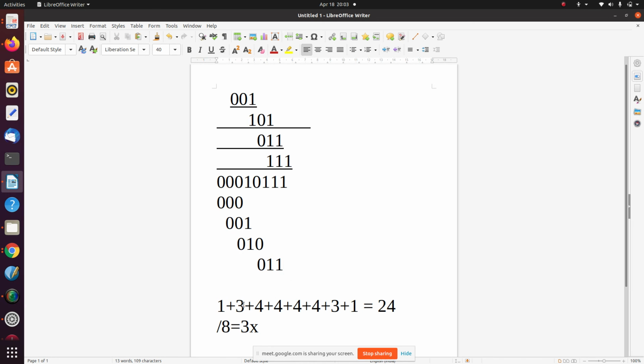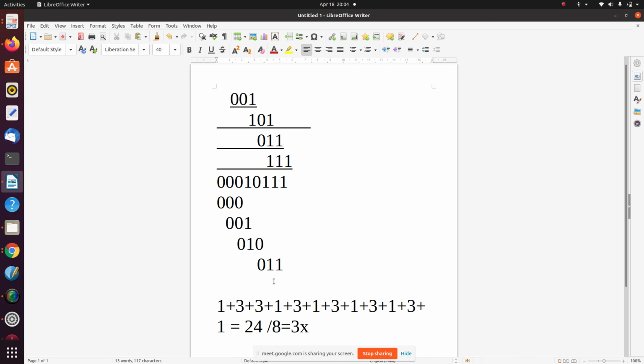This 4, if you write as 3 plus 1, and this 4 as 3 plus 1, and this 4 as 3 plus 1, then that 1 plus this one, this one, this one, this one, this one, and this one, 6 ones, right? 6 ones will become 2 threes.